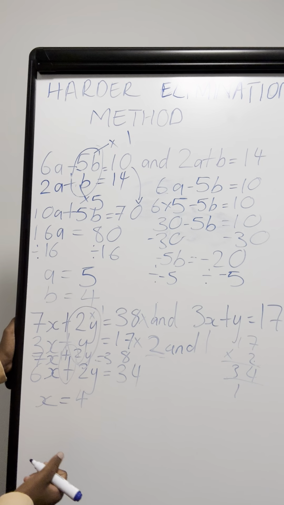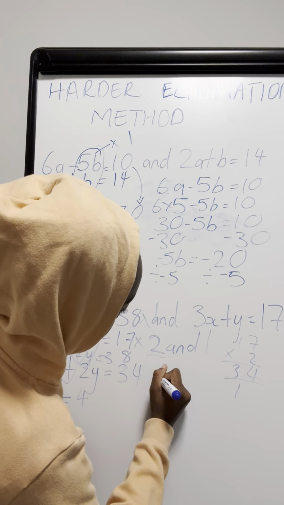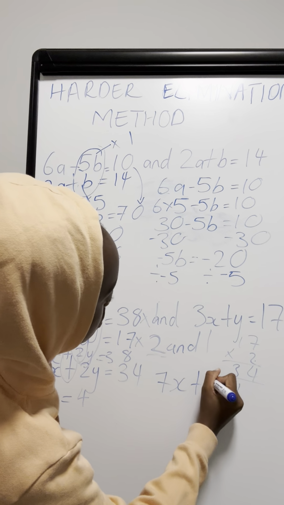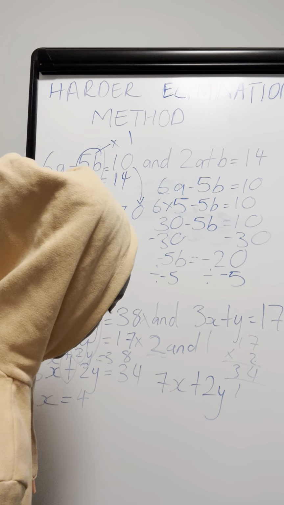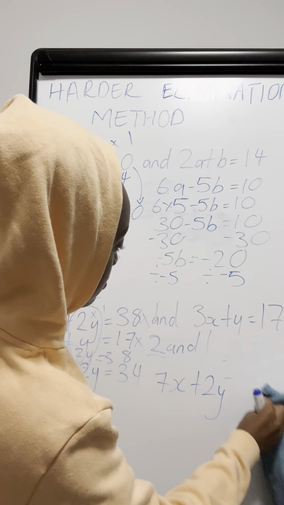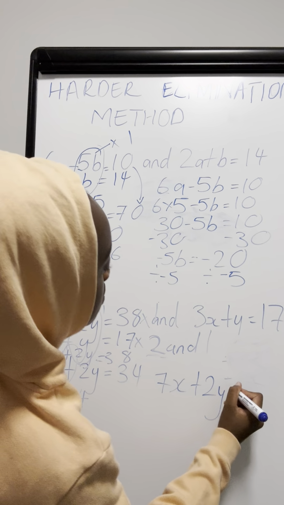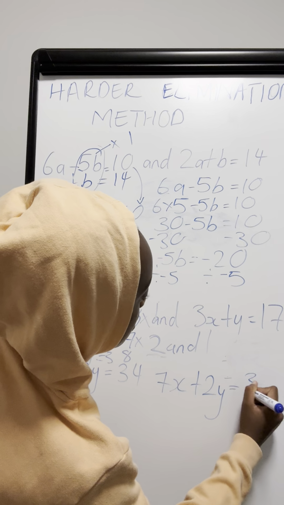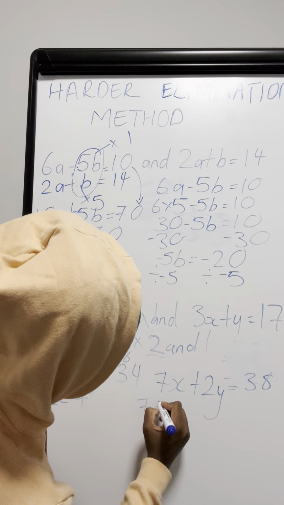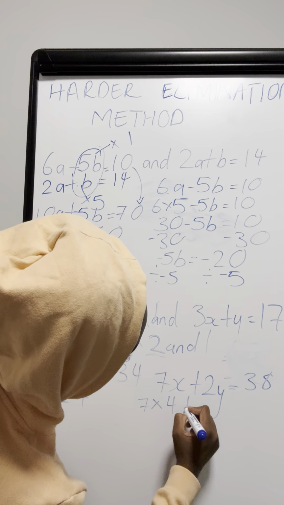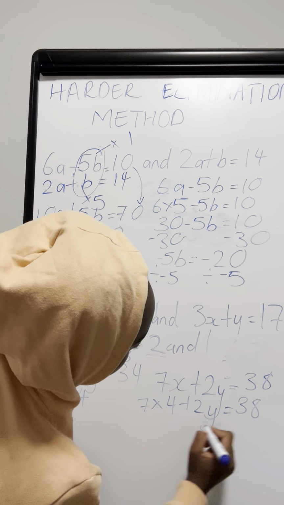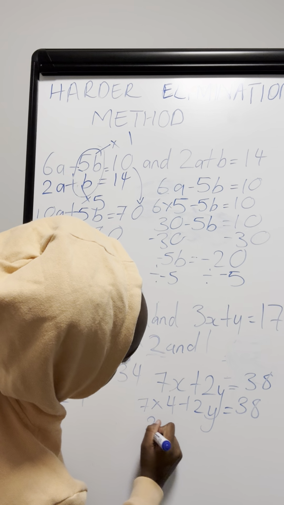Now we'll try to find y, and we always rewrite our first equation, which is 7x plus 2y equals 38. Since we found our x now, we say 7 times 4 plus 2y equals 38. And then 7 times 4, we get 28.